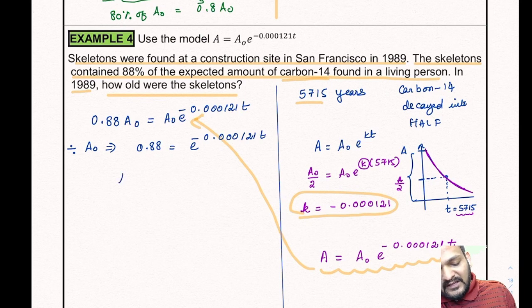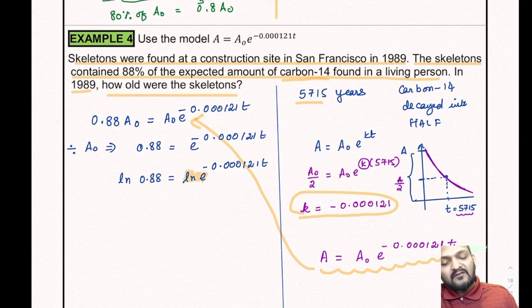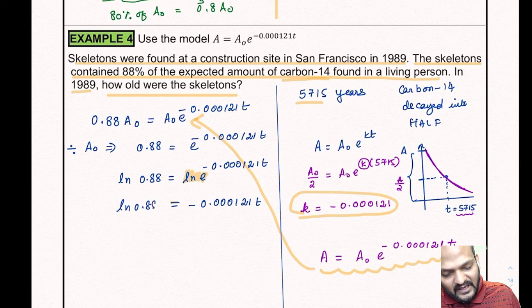When I do that, my left-hand side is ln of 0.88, and the right-hand side is ln of e to the negative 0.000121t. And as we have been doing earlier, ln and exponential functions are inverses of each other, so they cancel out. So my right-hand side is simply negative 0.000121t, equals ln of 0.88.